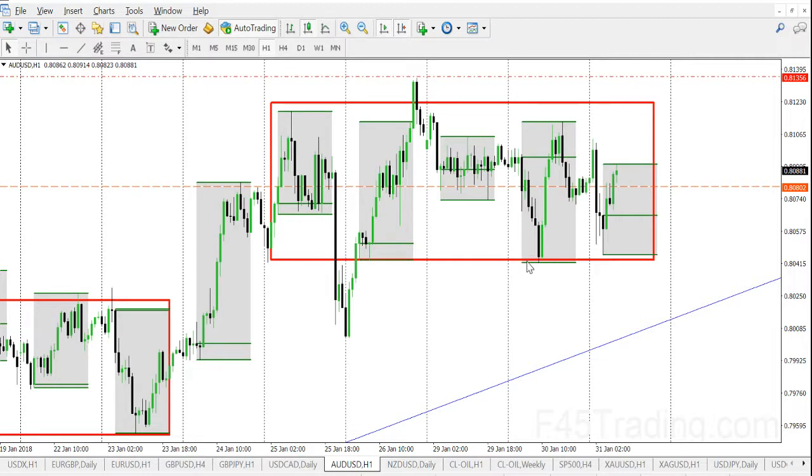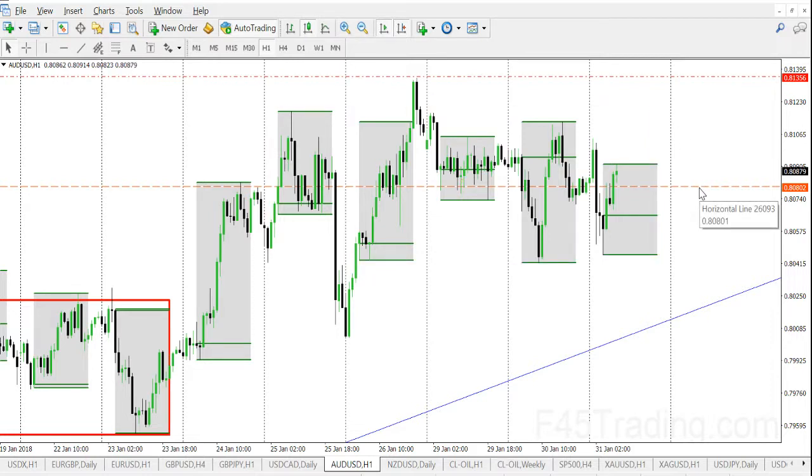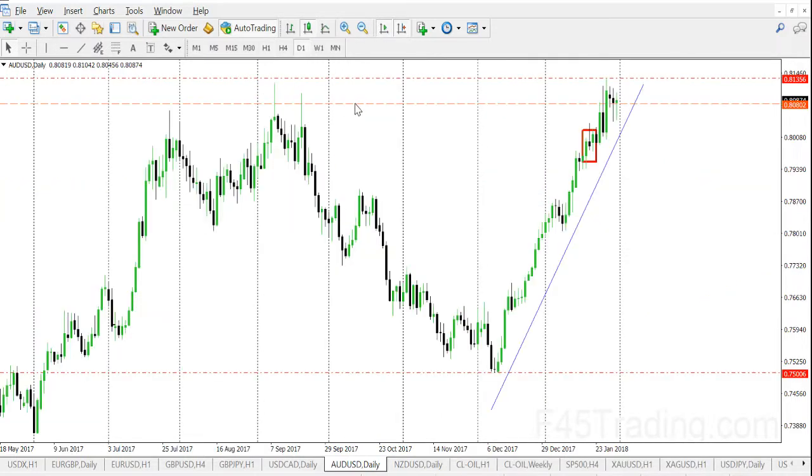So nothing there that I see, but here's something that may happen. This is a prediction. And I'd have to get exact levels on this. This is around about 80.80, we'll call it that. I'm going to put this on the chart now.